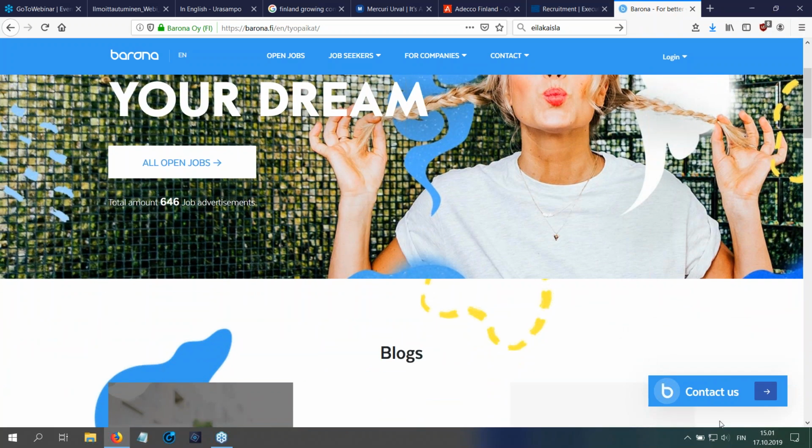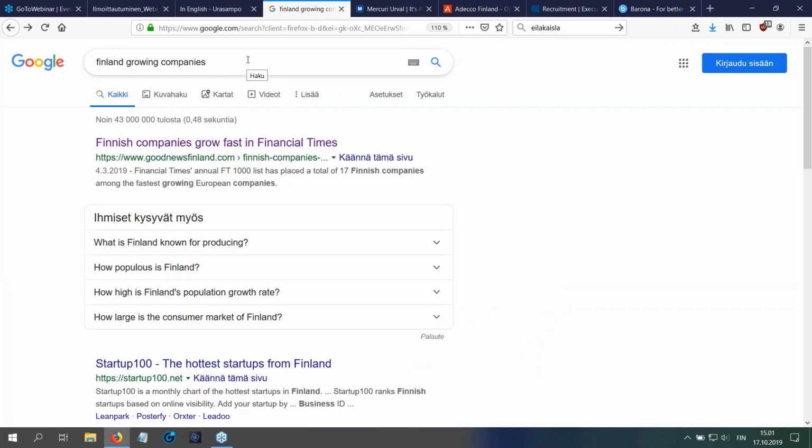But it's always a bit tricky, of course, with no network, where to start. One tip we always give to our people is searching for growing companies nearby or in Finland in general. There is some news that you can Google and find.